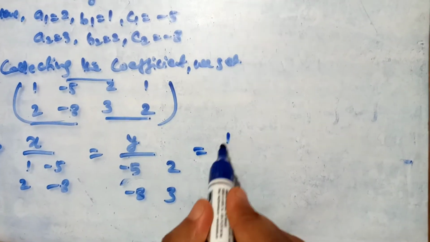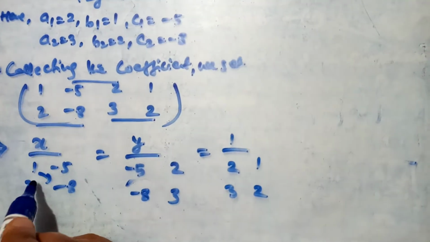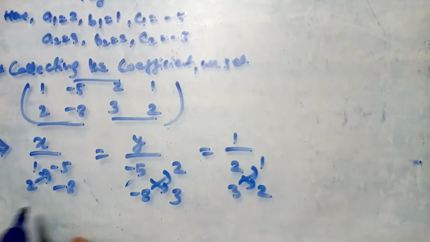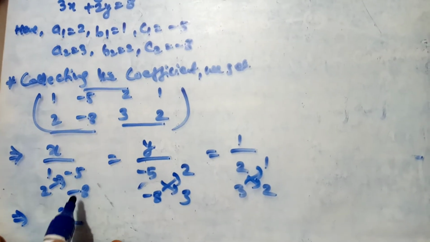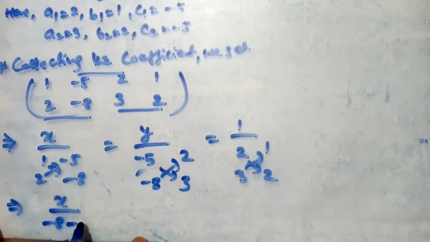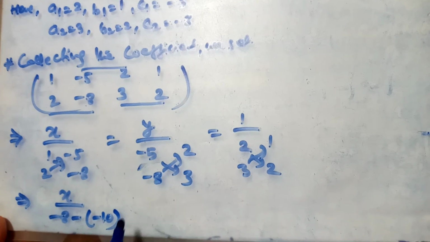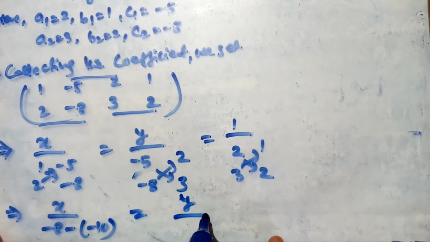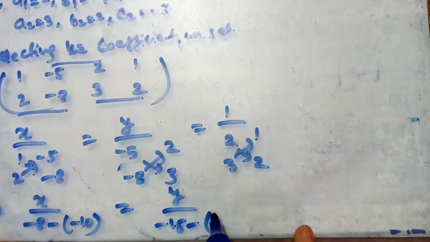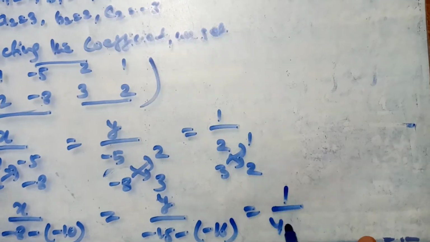So equals to 1 by 2 3 1 2. Now cross multiply. This will imply x by -8 into 1 is -8, minus 2 into -5 is -10, the minus from the rule and the minus from the cross multiplication, equals to y by -5 into 3 is -15, minus 8 into 2 is -16, equals to 1 by 2 into 2 is 4 minus 3.